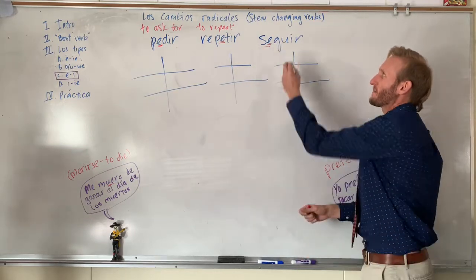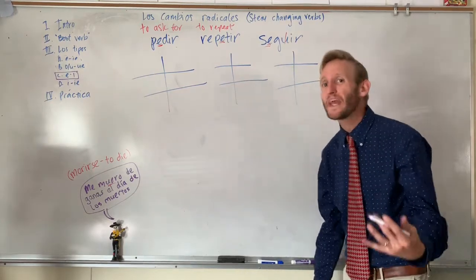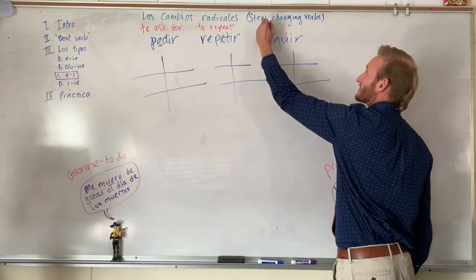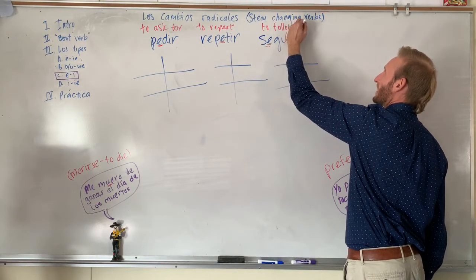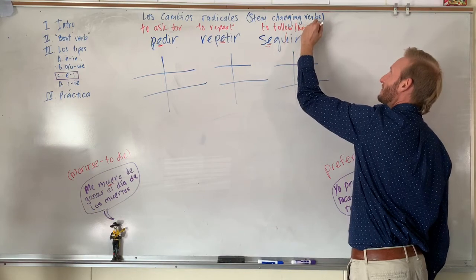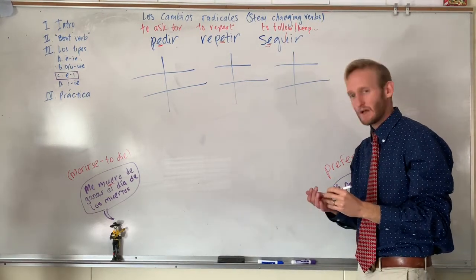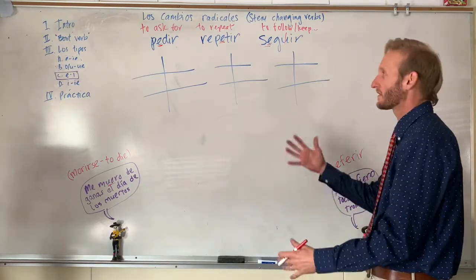Notice here that we have a silent u, right? It's not seguir, it's seguir. And this means to follow or to keep doing something, like sigue jugando Fortnite. He keeps playing Fortnite. Ugh, okay?